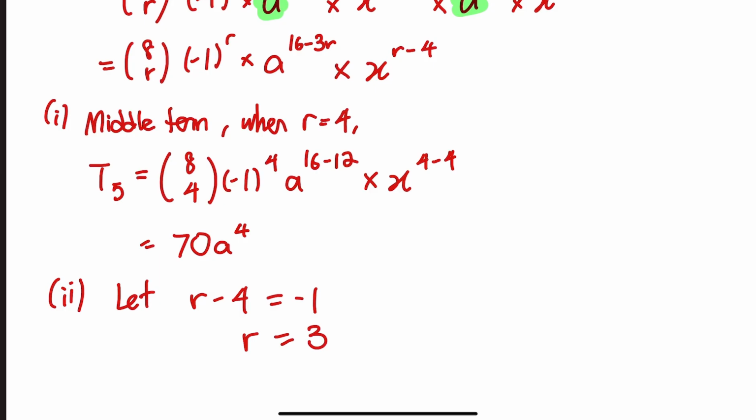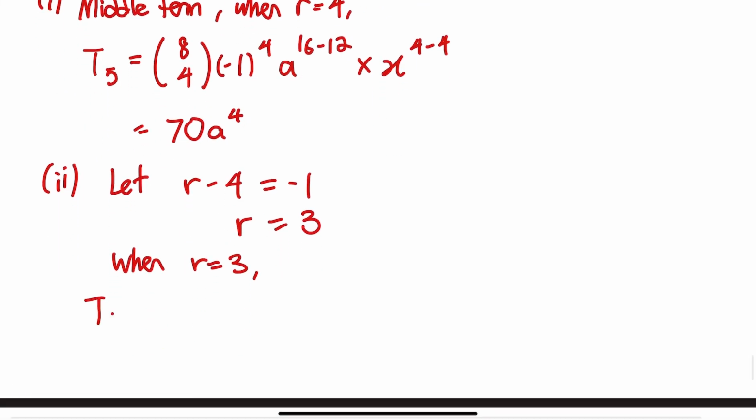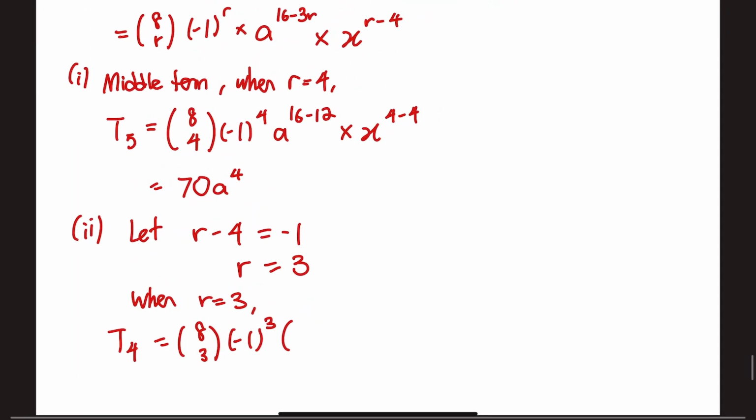Okay, so from here I continue to simplify. Therefore, when r is equal to 3, this will be term number 4 equals 8 choose 3, negative 1 power 3 times a power 16 minus 9 times x power 3 minus 4.